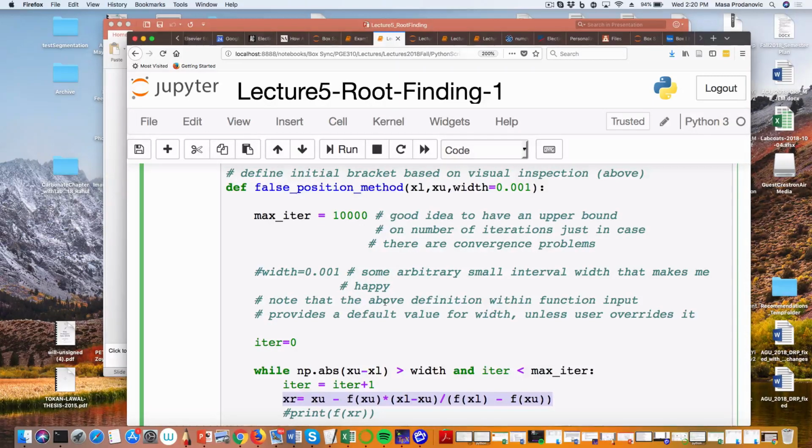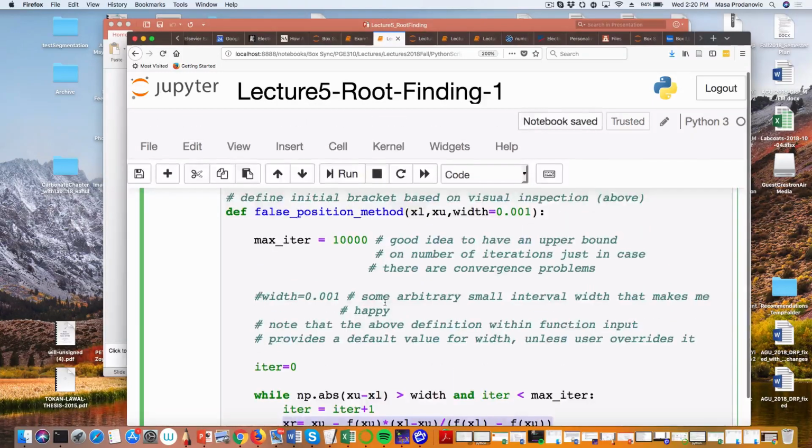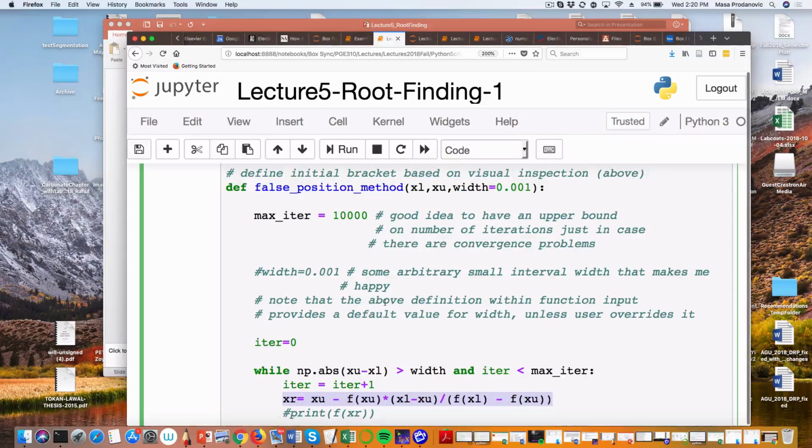So you put an iteration counter in there, and you set up a maximum number of iterations here for all of the problems that we're going to deal with. 10,000 is reasonable. So I'm running this loop while the width of the interval is larger than what I'm looking for, and my iteration is less than maximum iteration.